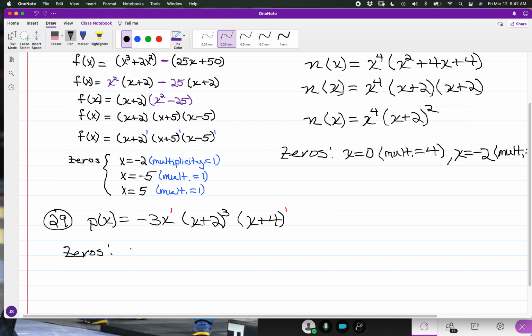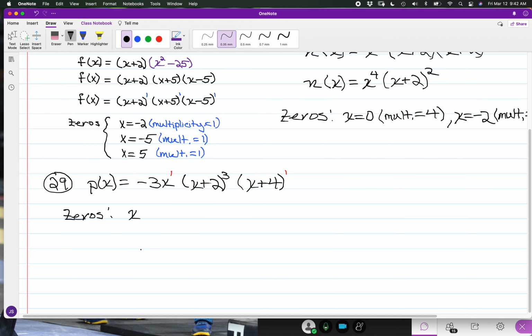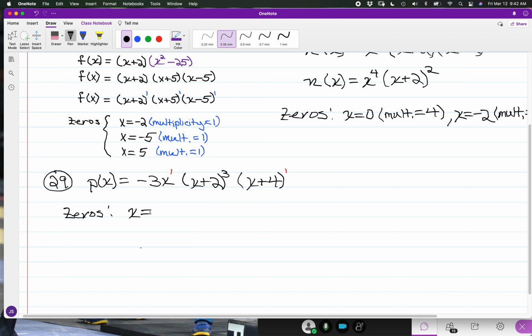So for just the x alone, we have x equal to 0, and the multiplicity is equal to 1. And from x plus 2 to the third, I have x equal to negative 2.